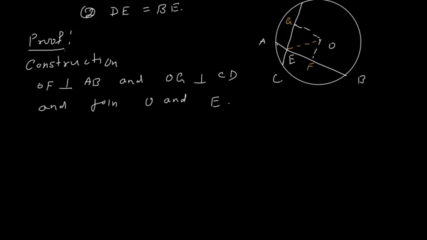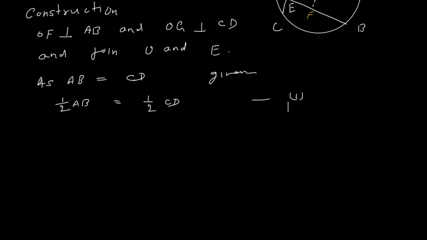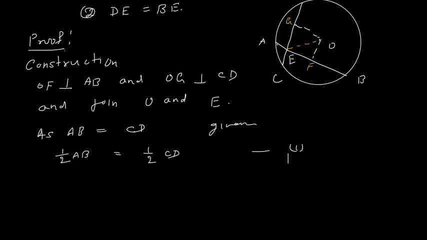Now first I will say that AB is equal to CD, this is given. So half of AB will be equal to half of CD. Okay, this is my equation 1. Now OF is perpendicular to AB, therefore AF is equal to BF is equal to half of AB.